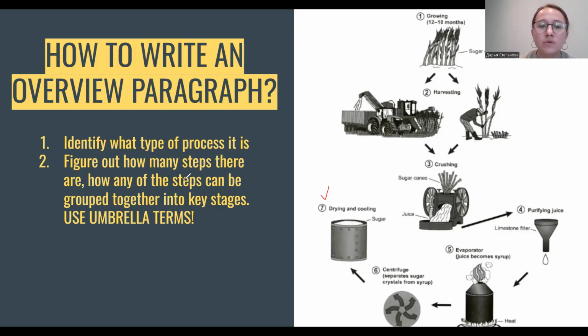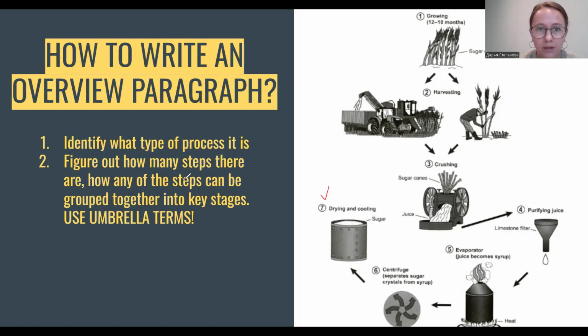And it's better to use umbrella terms. For example, you decide to combine the first 2 steps, growing and harvesting, because they have a lot in common and are mainly focused around farming.